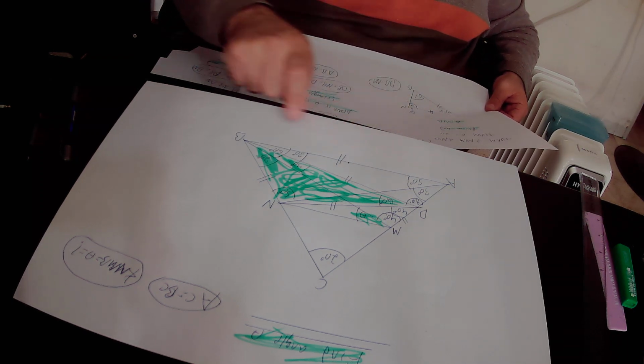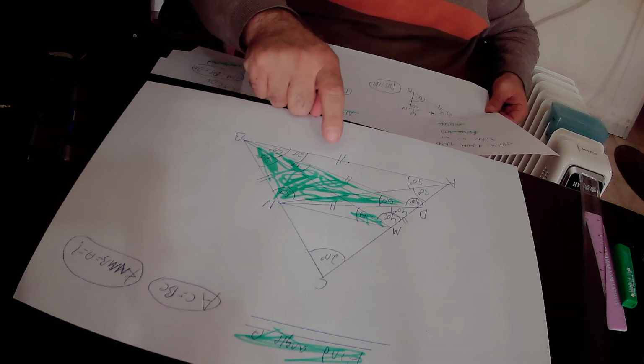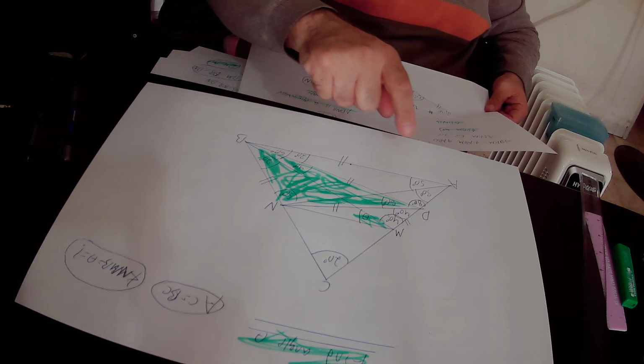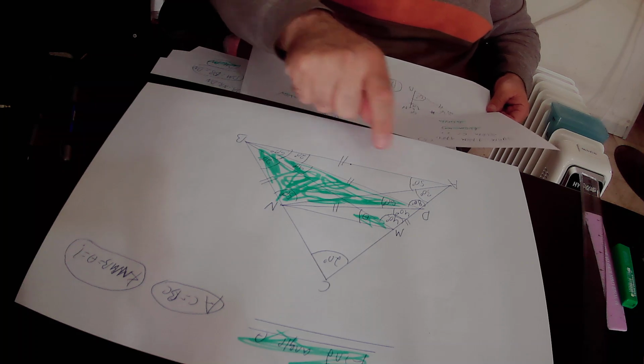Repeat again, AB equals DB according to our construction. We built DB in such a way that DB will be equal to AB.